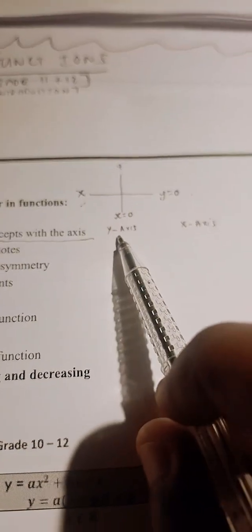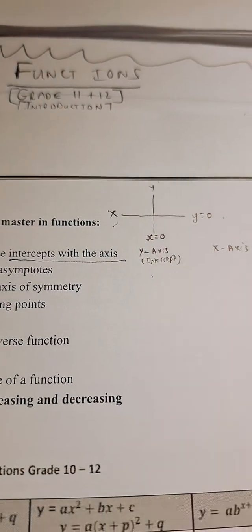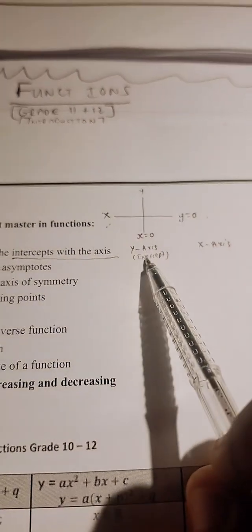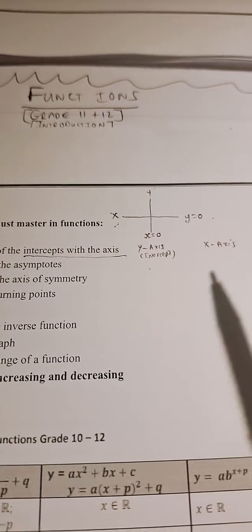So when you want the intercept of the y-axis, what do you do, guys? Let me ask you. If I want the intercept, remember the word intercept means cutting through.